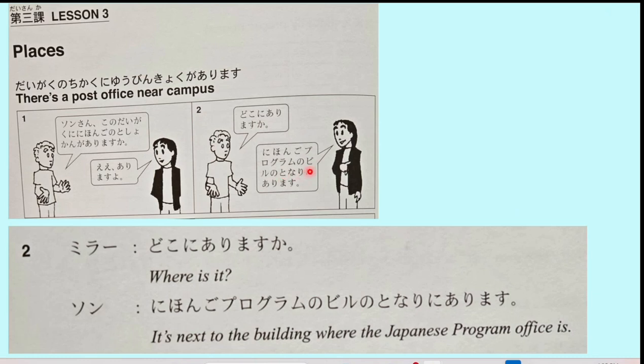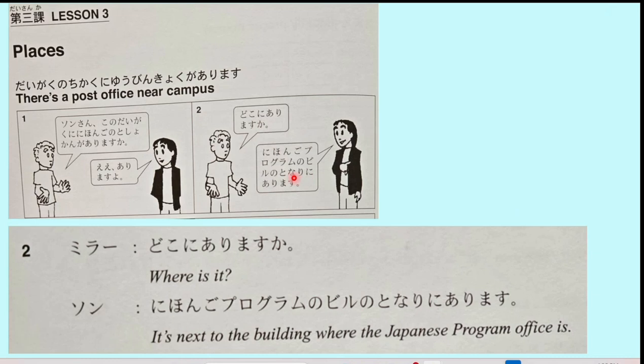Biru means building, again a katakana word. Then "biru no tonari": tonari means next to. "Ni arimasu." So it is next to the Japanese program building.